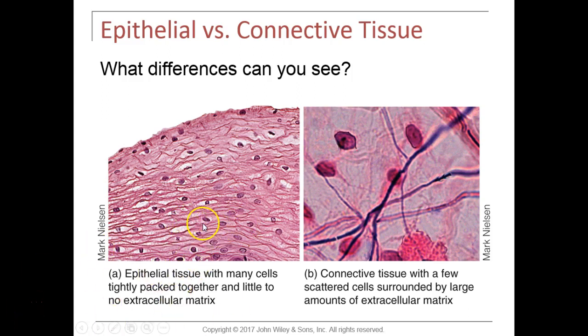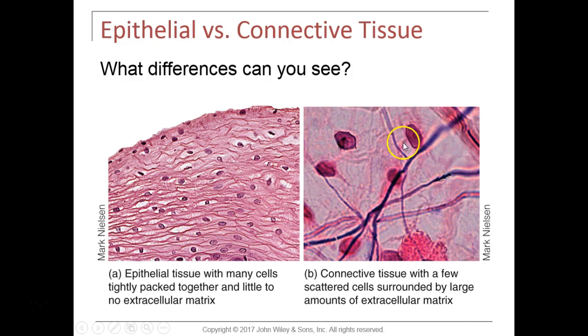The other thing we can pretty much infer from the fact that all of these cells are tightly packed together is that there's very little substance on the outside of the cells in between each cell. The substances on the outside of cells are called the extracellular matrix, or the ECM. So there's very little extracellular matrix between these cells.